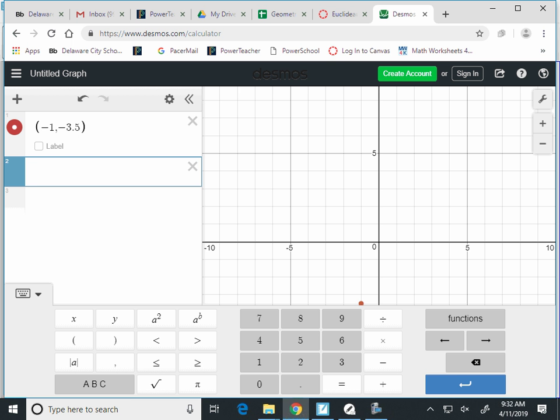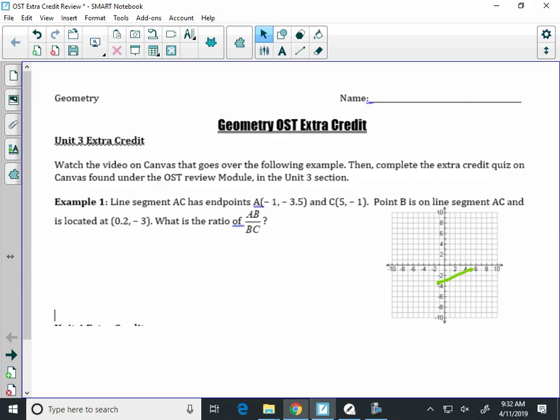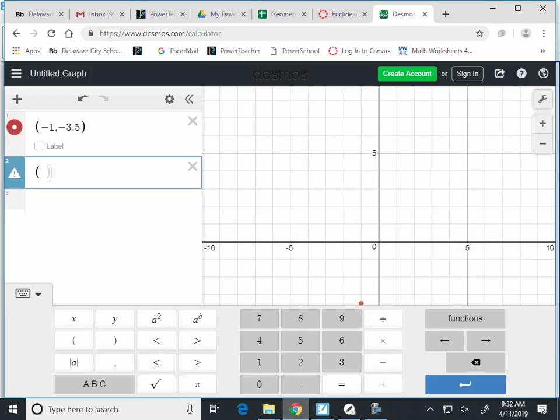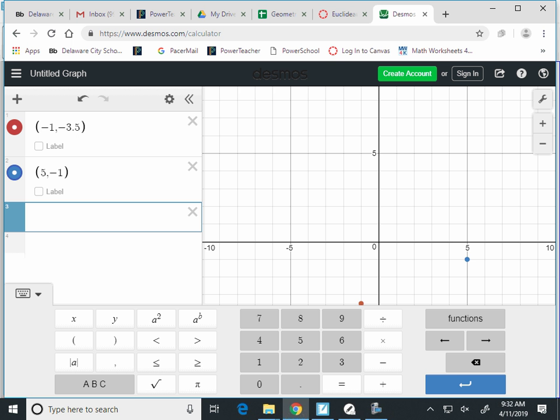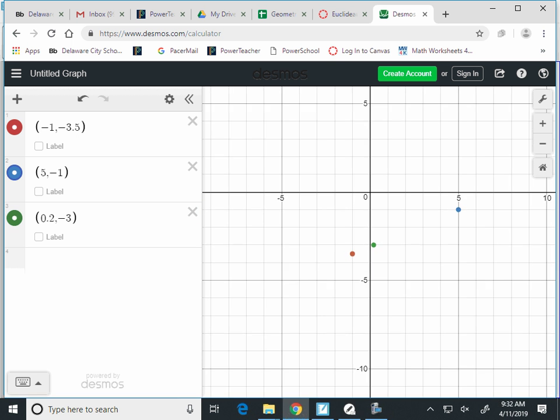The other point was (5, -1). And then the other parenthesis was (0.2, -3). So it kind of plots them for you, and it's very, very accurate. So I would suggest using decimals.